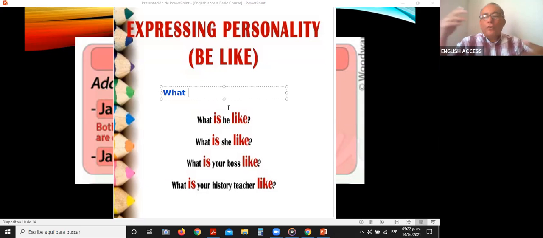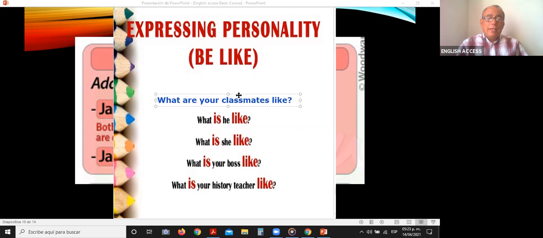Or is there another way? Which verb be can we use? Are. What are your classmates like? And in that way, we can ask about two or more people. Okay? Classmates. What are your classmates like?